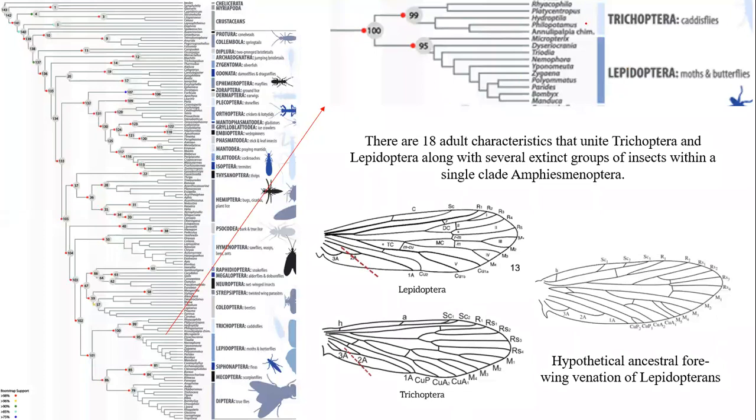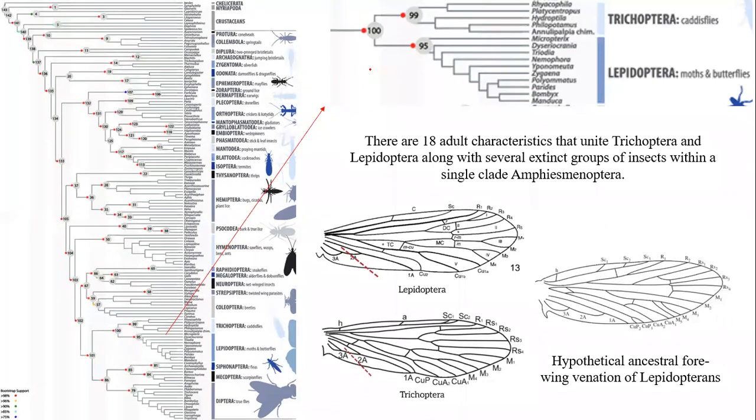The relationship which I am showing you, that Trichopterans and Lepidopterans are considered as belonging to a group because of their similar ancestry, is proved by many characteristics. I mean, there are already 18 adult characteristics which unite Trichoptera and Lepidoptera along with several extinct groups of insects within a single group or clade, which is known as Amphiesmenoptera.